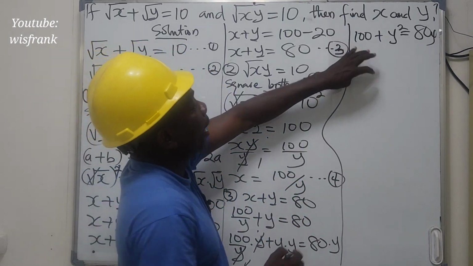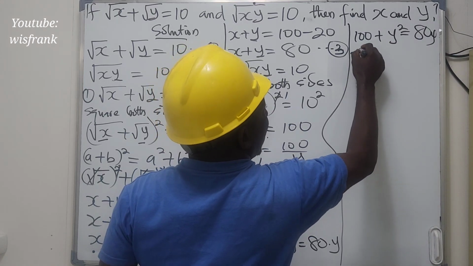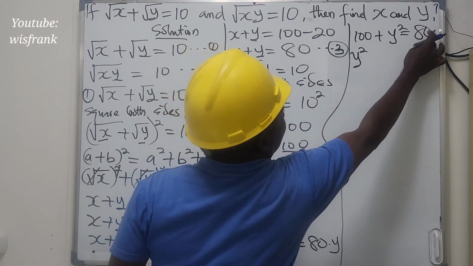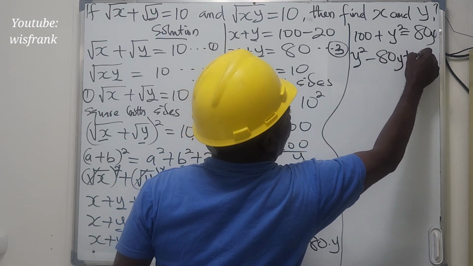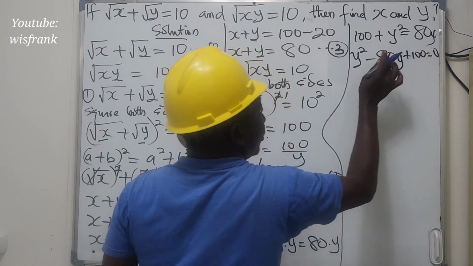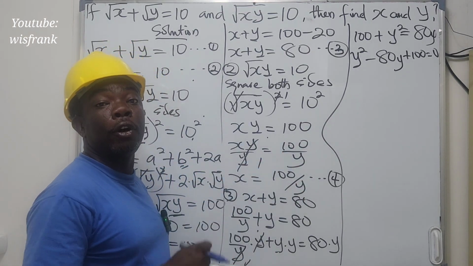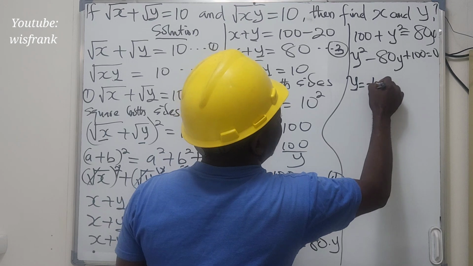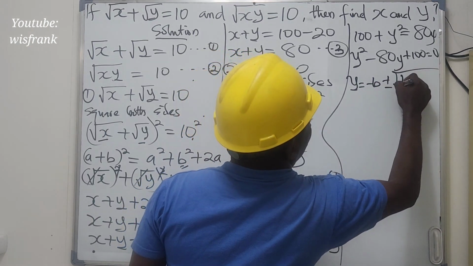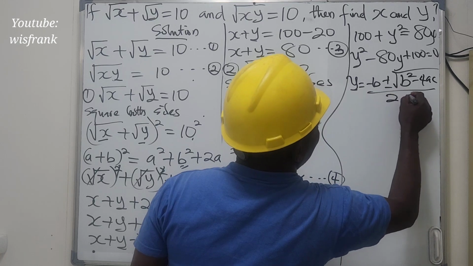So here we can rearrange this, and it is in the form of a quadratic equation, which is y to the power of 2 minus 80y plus 100 equals 0, when we bring this to the other side. So this is a quadratic equation, and we are going to use the quadratic formula to find the value of y, which is y equals minus b plus or minus square root of b to the power of 2 minus 4ac all over 2a.